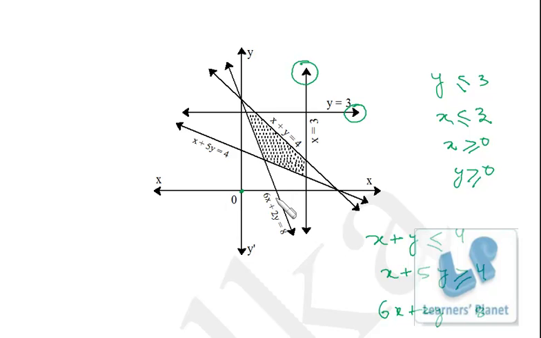That means 6x plus 2y greater than or equal to 8, right? So 1, 2, 3, 4, 5, 6, 7. There are 7 lines and we have got 7 inequations over here. So that's pretty easy and interesting as well. I hope you are clear.